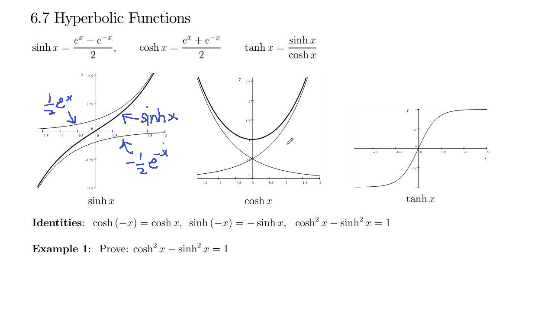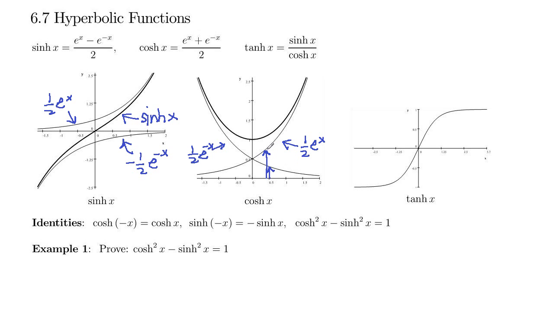Similar for cosh, here we have the graph of 1/2 e to the x, and here is 1/2 e to the negative x, and you add those two graphs vertically. So for example, at 0.5, here's the y value on 1/2 e to the x, here's the y value on 1/2 e to the negative x.